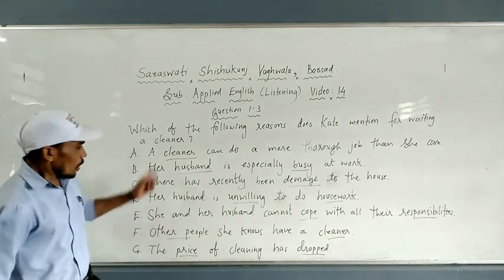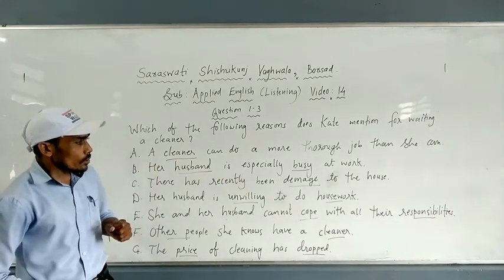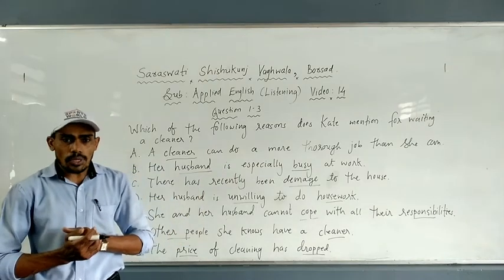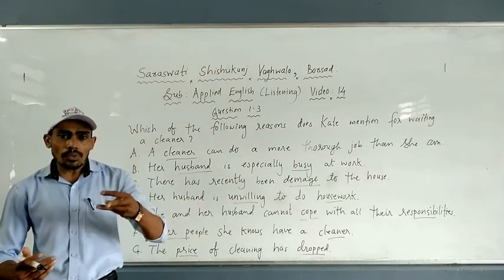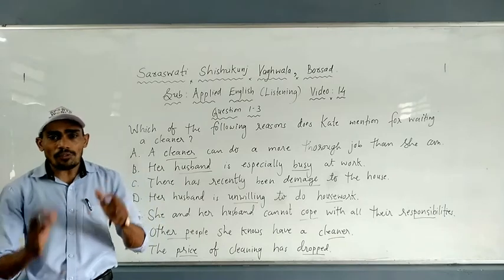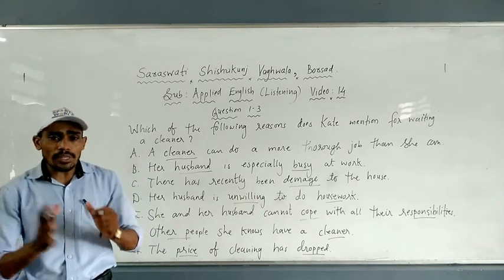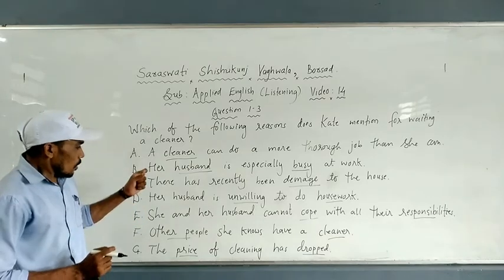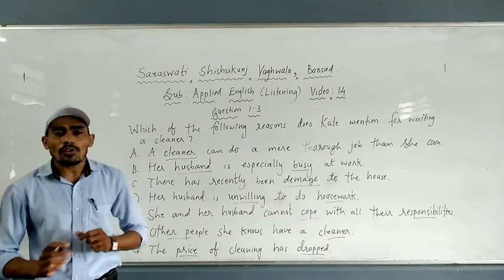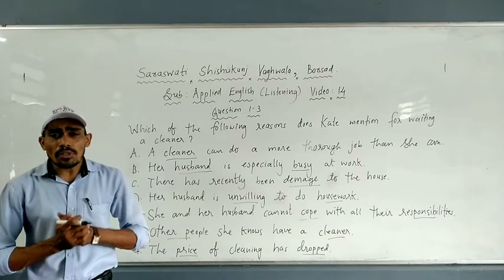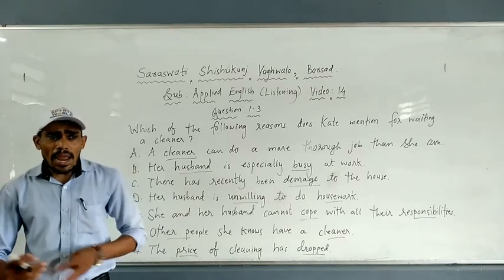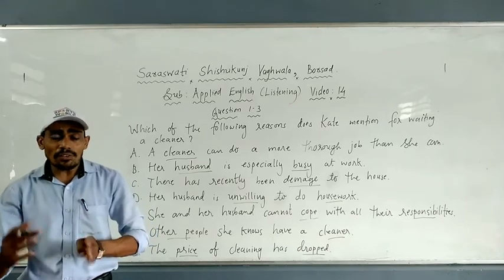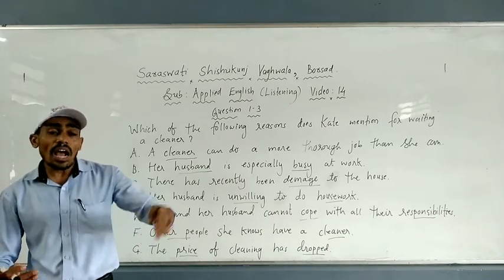Okay, a cleaner can do a more thorough job than she can. Because Greg and his wife are very busy and they cannot cope with their responsibilities. Okay, so what should the answer be? Her husband is especially busy at work, right? Because her husband comes home very late, and she says that my husband is never at home after 8.